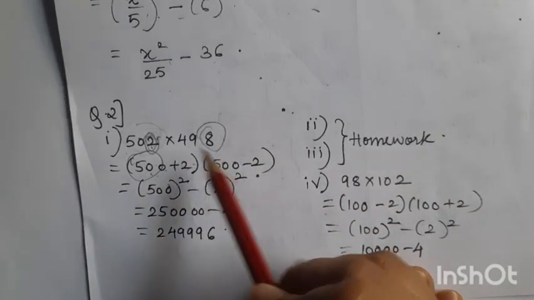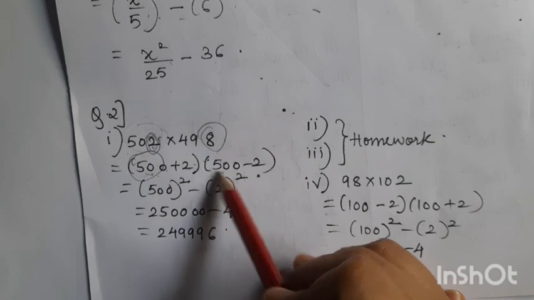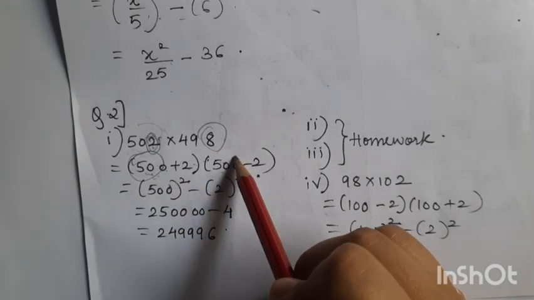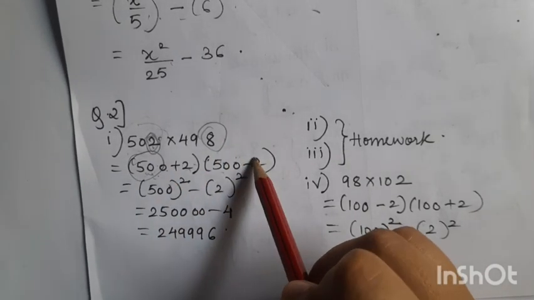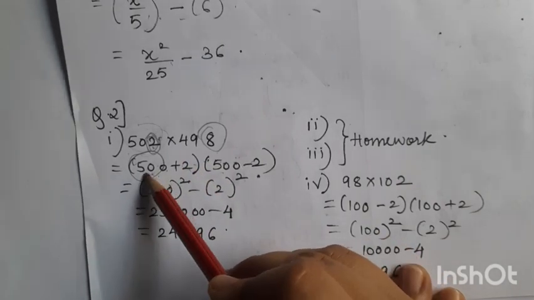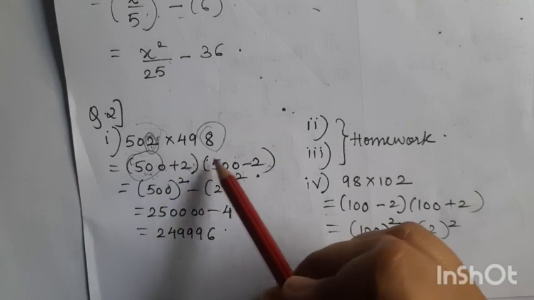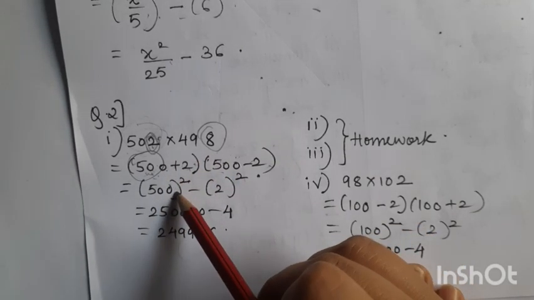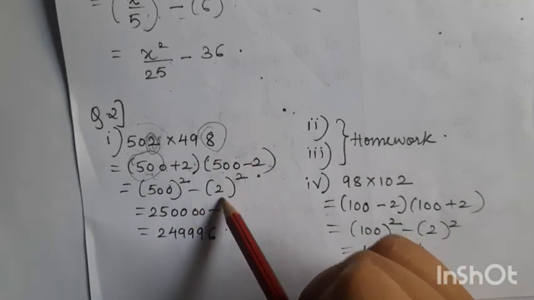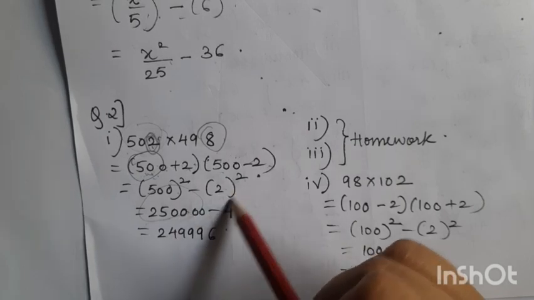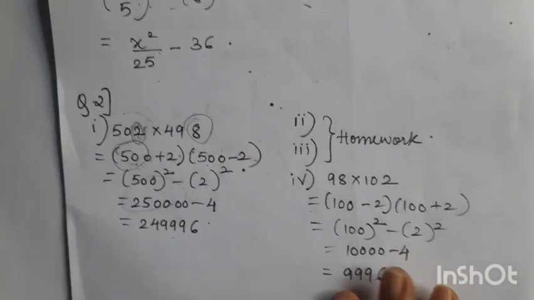See that your a terms in both places should be the same. If here it is 500, here also it should be 500, because it is (a + b) and (a - b). So that is (500 + 2) and (500 - 2). So a square minus b square, that is 500 square minus 2 square. Find the square of 500, find the square of 2, subtract, and you get the answer.